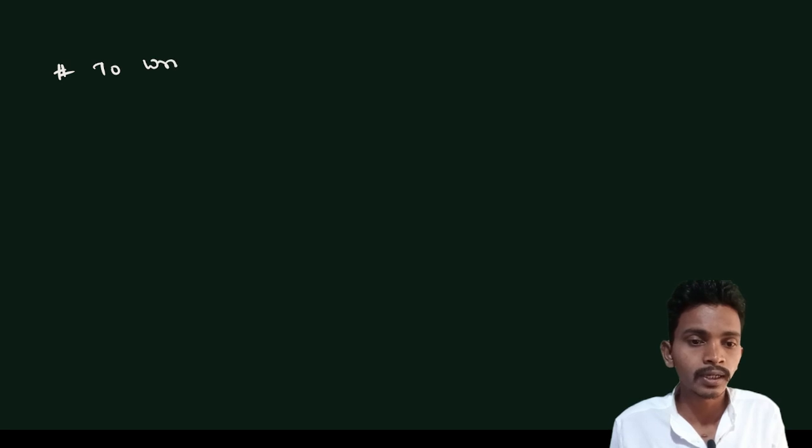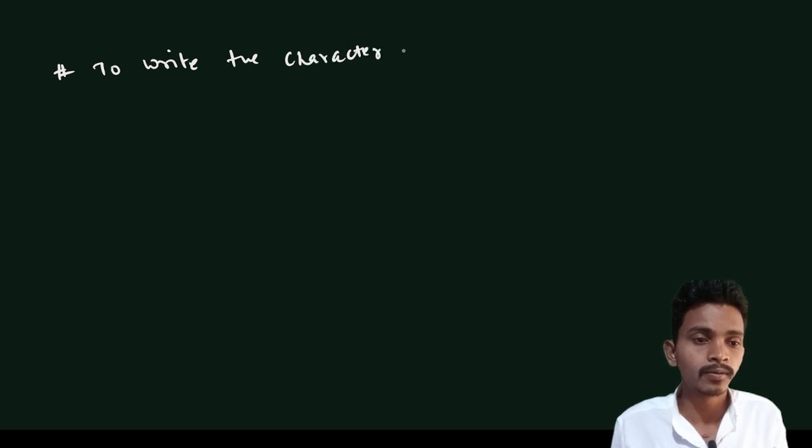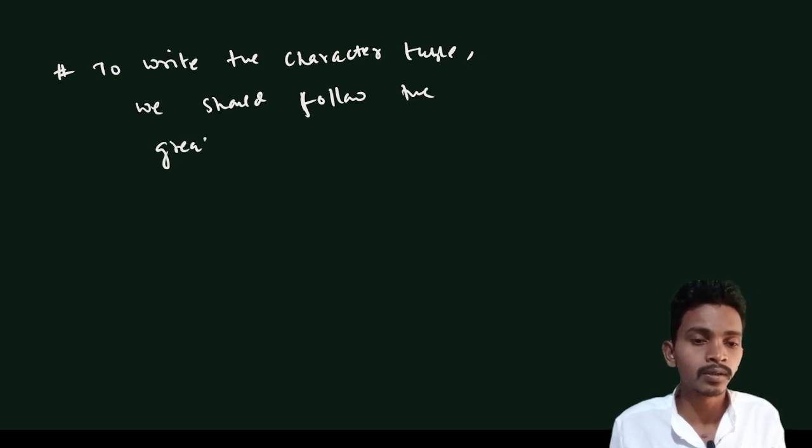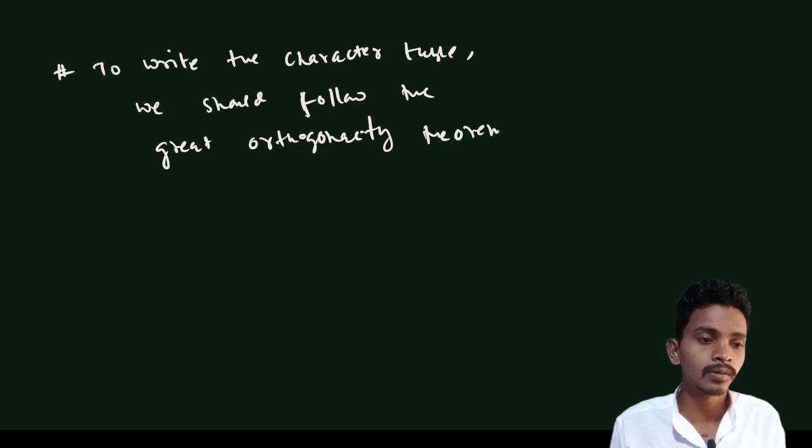So to write the character table, we should follow the great orthogonality theorem. That is, we can say the GOT theorem.